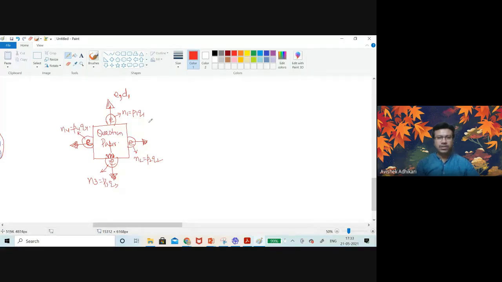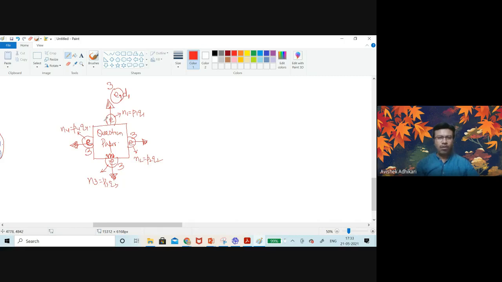Okay. So the scenario is like this: I am sending the same question paper to all my students by using the same exponent. Now assume that this exponent is small, say 3. So in all the cases I am using the small exponent 3, but I am changing my p and q: p1 q1, p2 q2, p3 q3, p4 q4.